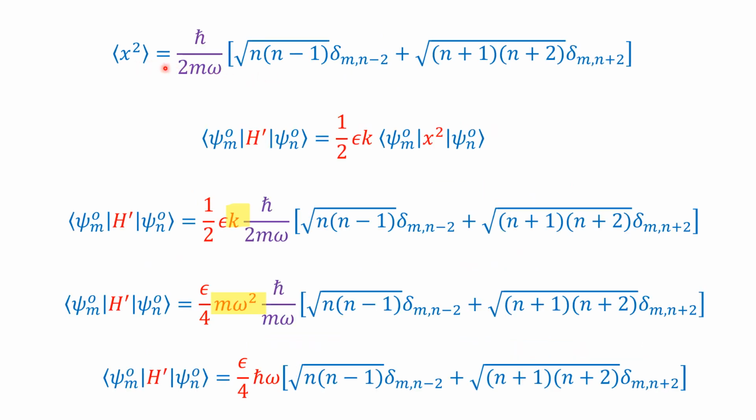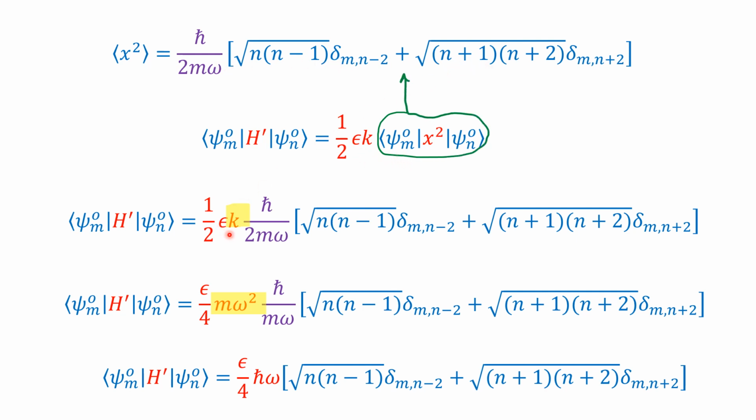Now we got this expression for the expectation value of x squared. That is psi m, H prime, psi n is equal to half epsilon k, psi m 0, x squared, psi n 0. So x squared, this is an expectation value. So you just replace this by this one.